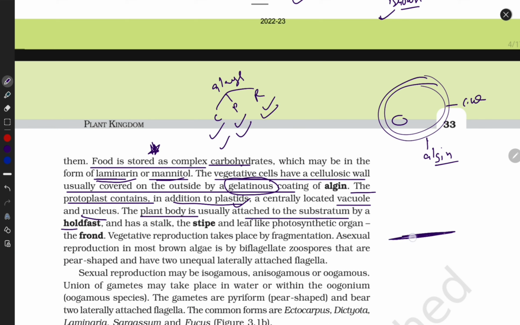This is the substratum, and where the algae is attached, we call it a holdfast, and it has a stalk. This long rod-like structure, we call it a stipe. And the leaf-like photosynthetic organ we call a frond. Important. This is the holdfast, this is the stipe, and this is the frond.